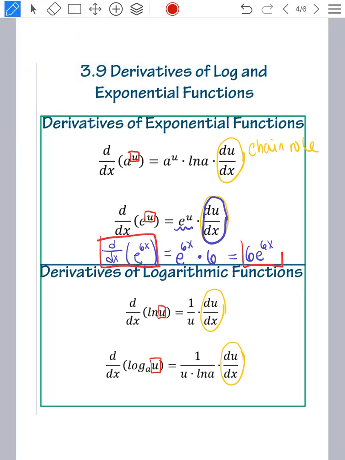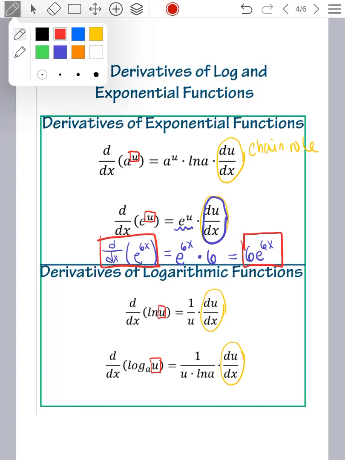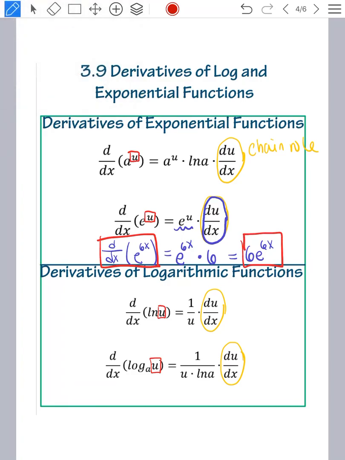Okay, so there's a little bit of a difference if the base isn't e. So say we're trying to take the derivative of 7 to the 6x. Well, the derivative of 7 to the 6x says keep it all the same, so 7 to the 6x again, times natural log of the base. And a represents the base, which is 7, so times natural log of 7.